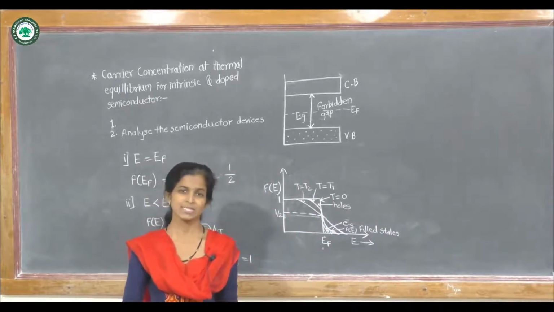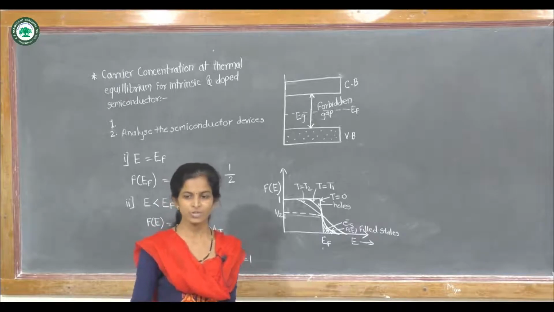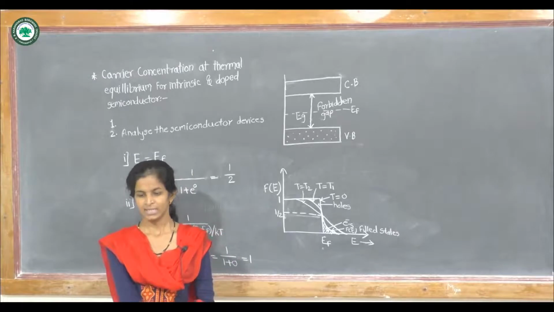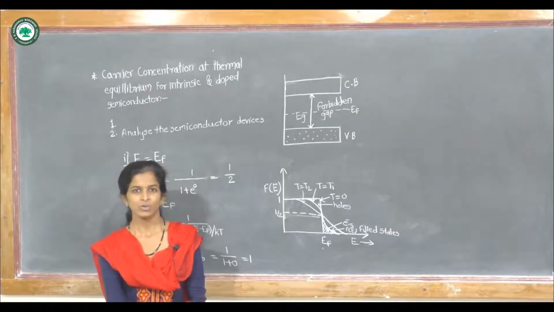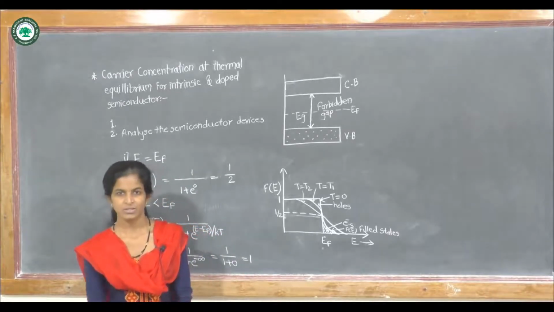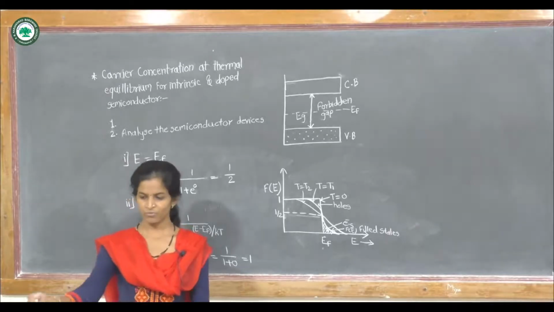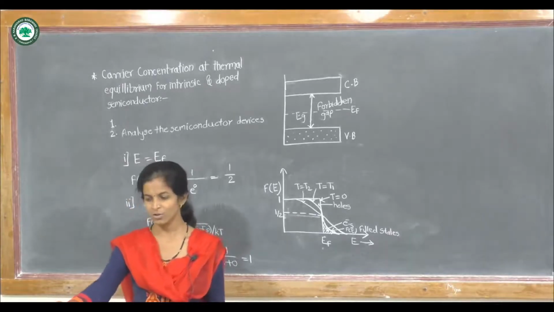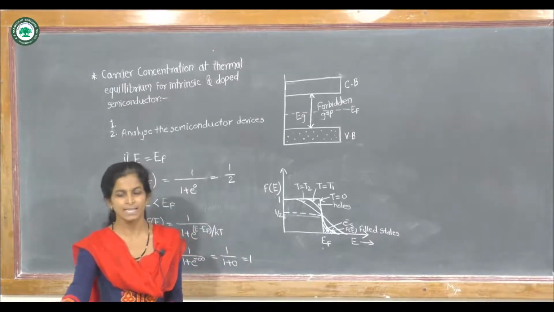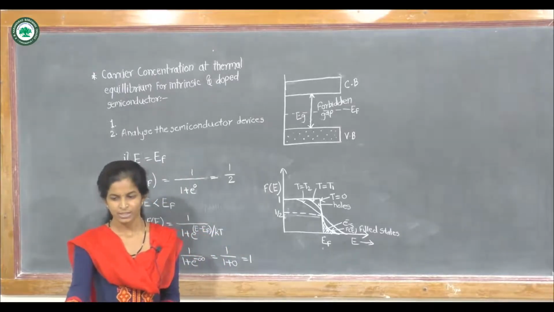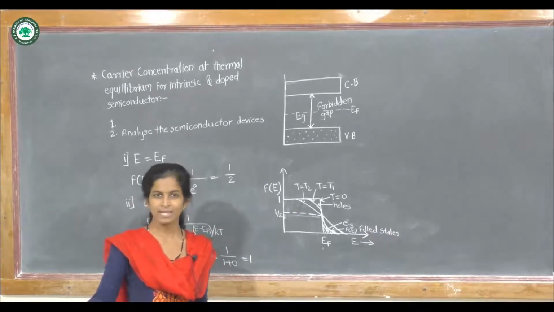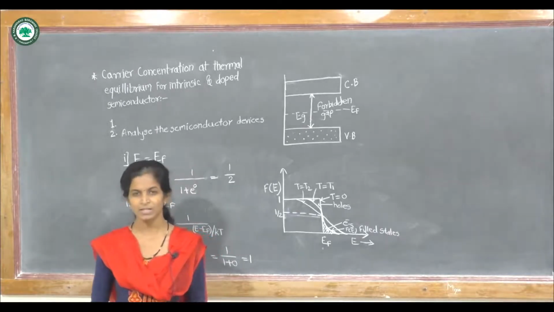So this is all about the Fermi distribution function and Fermi energy. Now we will see the electron and hole concentration. The Fermi distribution function can be used to calculate the concentration of electrons and holes in a semiconductor, if the densities of available states in the valence and conduction bands are known.